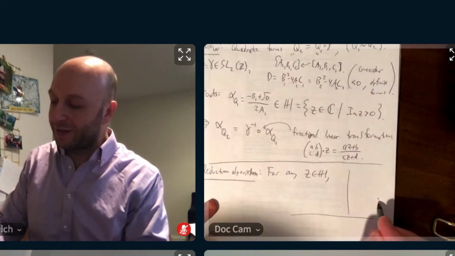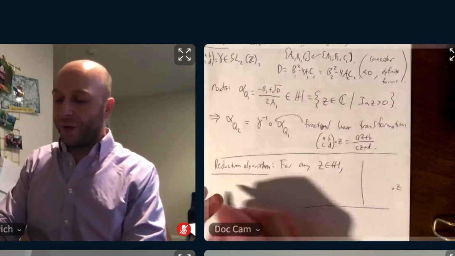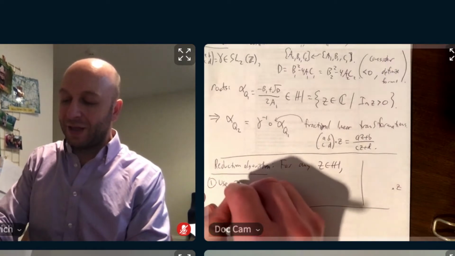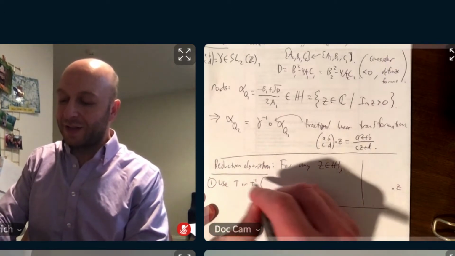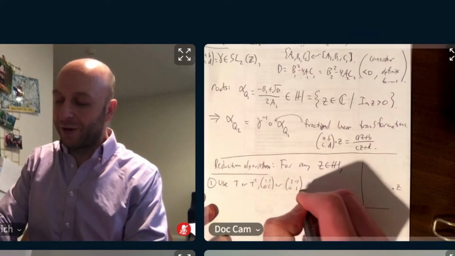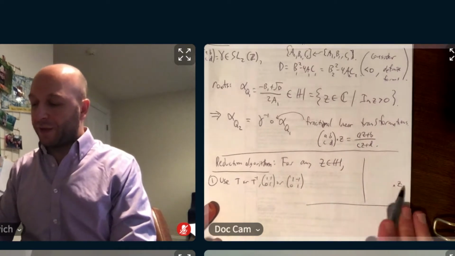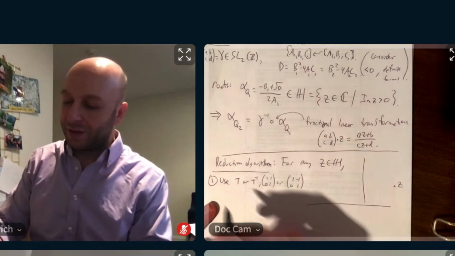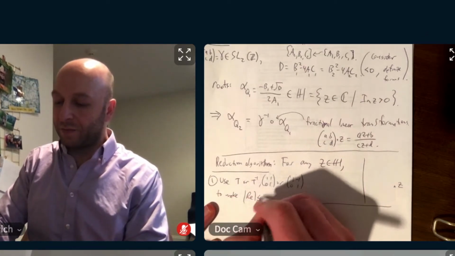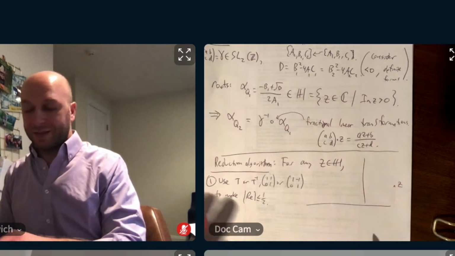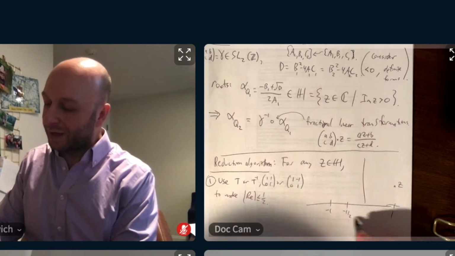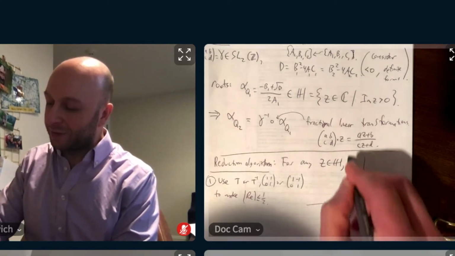No matter what z is, we can use T or T inverse, that is the matrix 1, 1, 0, 1 or 1, negative 1, 0, 1, which has the effect of translating the real part by 1 to make the real part between minus a half and a half. So here's negative 1, here's positive 1, here's minus a half, and here's positive a half. So we have this region.